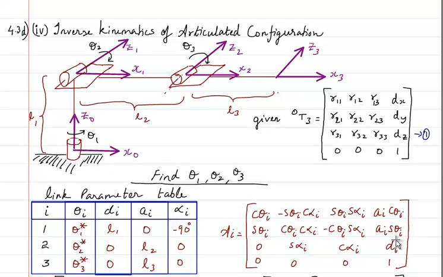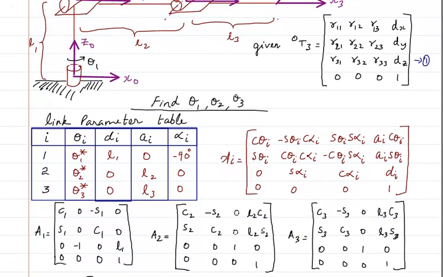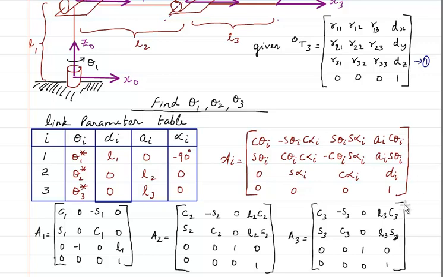So this is the link parameter table and the associated A_i matrix, in which we give different values so that we are able to find A1, A2, A3. I have already found A1, A2, A3 here. A1 is given by the first matrix, then A2, A3. The multiplication of all these three will give me 0T3.